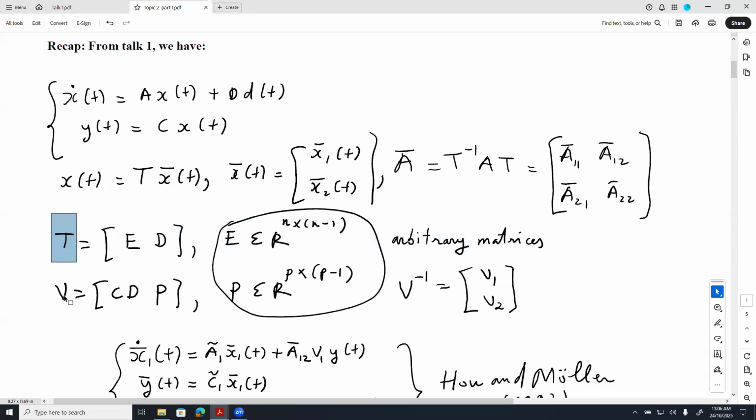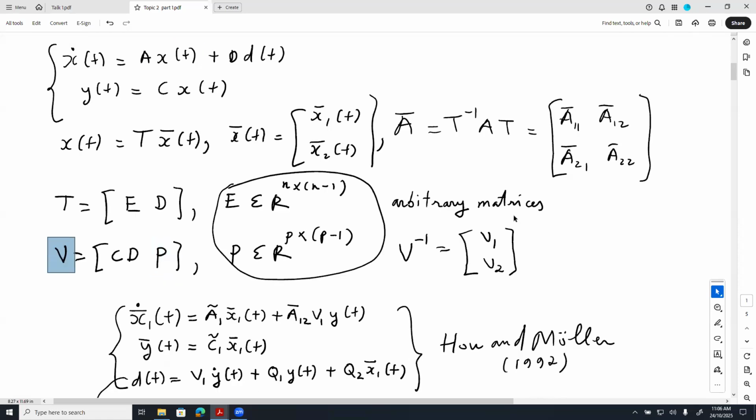The other invertible matrix V is of this form, where CD is the product of the output matrix C and D. According to Hou and Muller, if the observer matching condition holds, in other words, CD is full column rank and non-zero, then matrix P is selected arbitrarily as long as V is invertible.